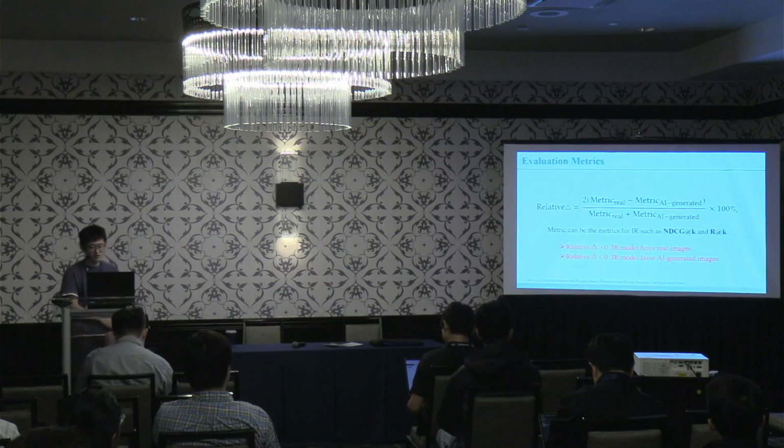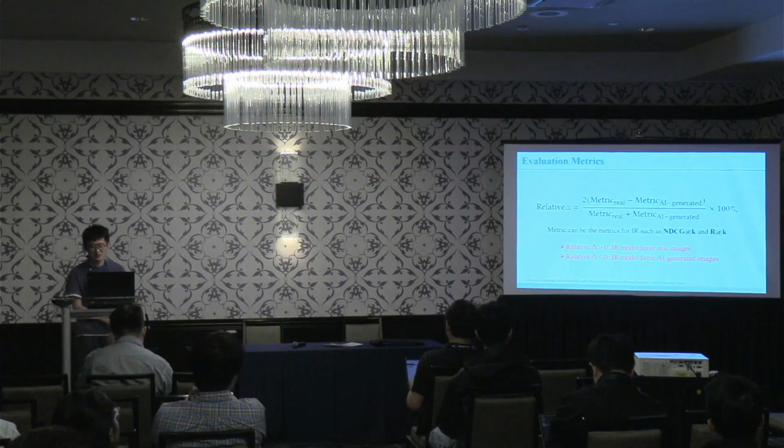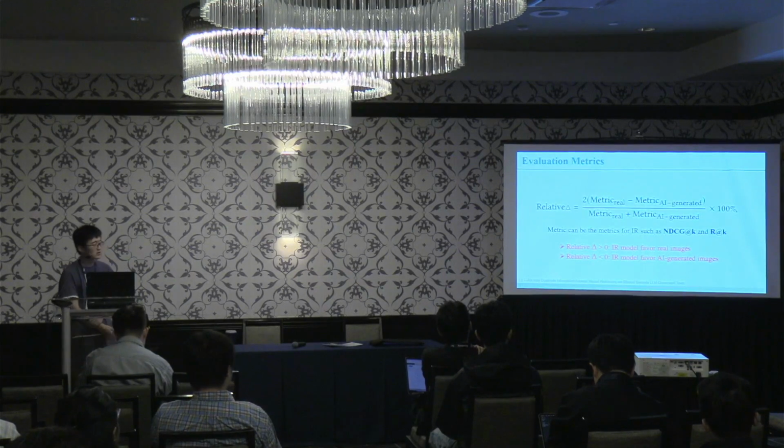If the Relative Δ is positive, it means that retrieval models rank real images higher. And if the Relative Δ is negative, it indicates that AI-generated images are ranked higher. The greater the absolute value of the Relative Δ, the greater the ranking performance difference between the real and the AI-generated images.